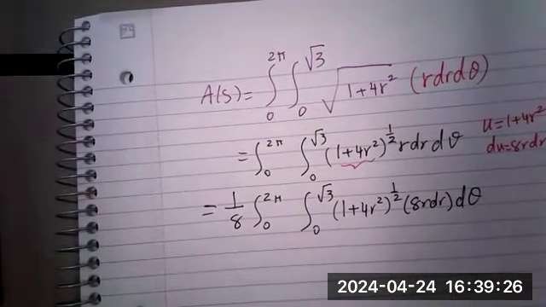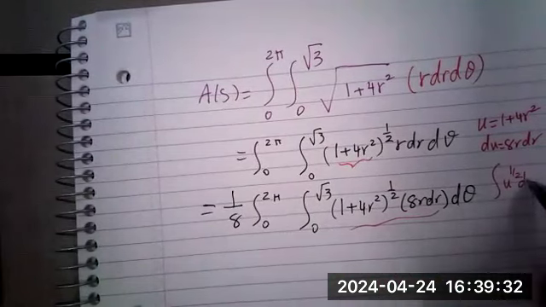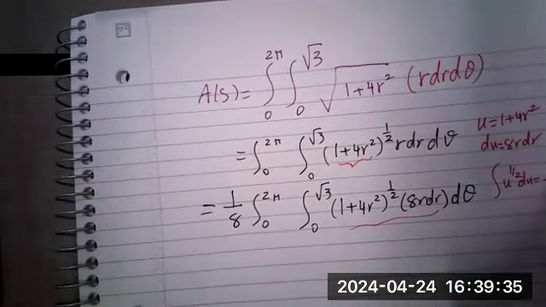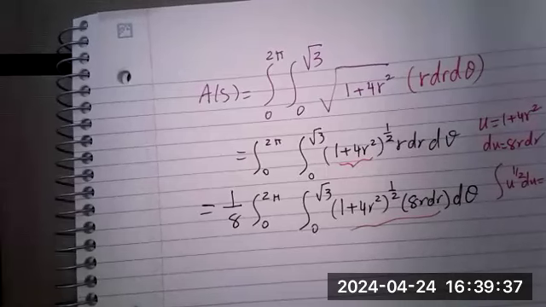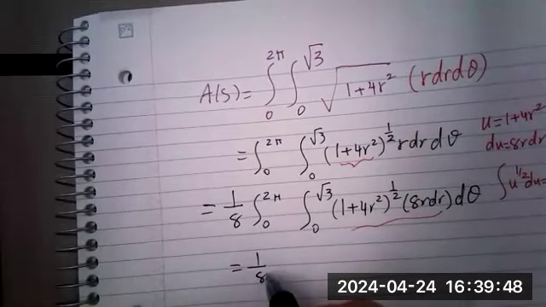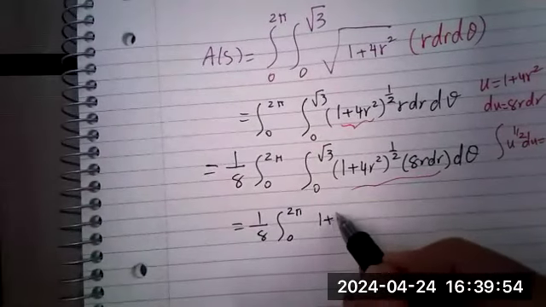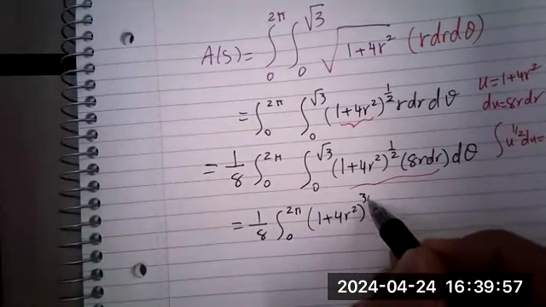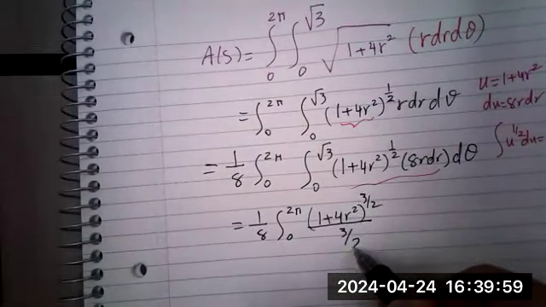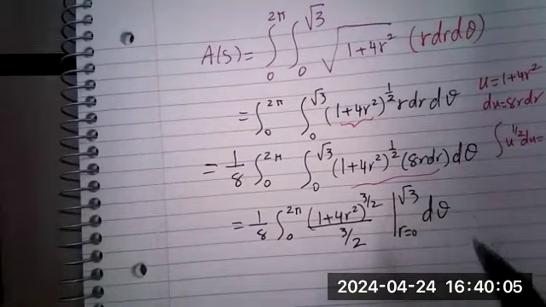So this would be like u to the half. See this part? It's like integrating u to the half. And you know that's going to be u to the 3 halves over the 3 halves. Again, you have to do this in short form, not to make it more complicated. So it's 1/8, 0 to 2 pi. You integrate, that gives you 1 plus 4r squared to the 3 halves, over the 3 halves, all going from 0 to radical 3, and then d theta.